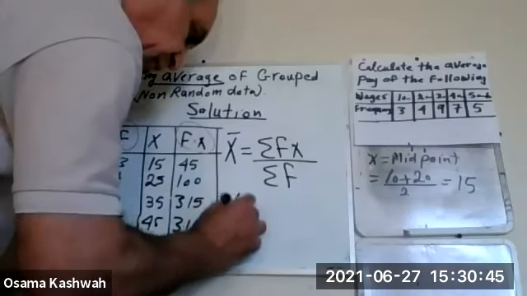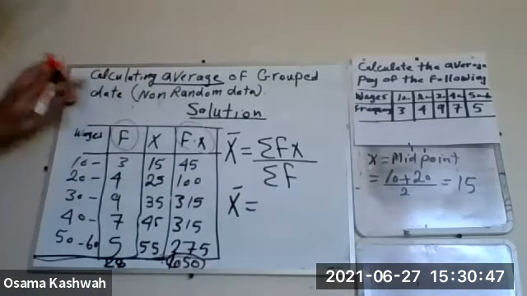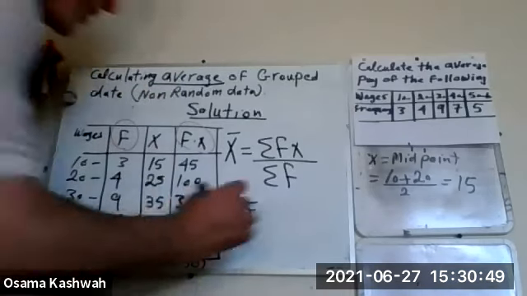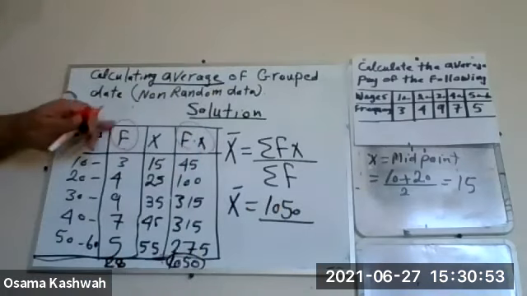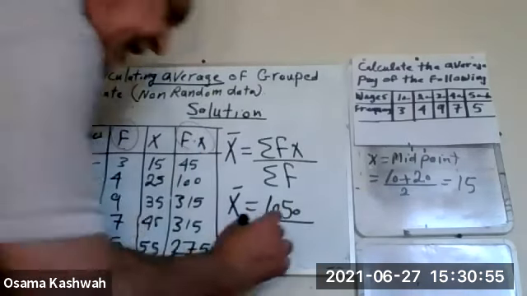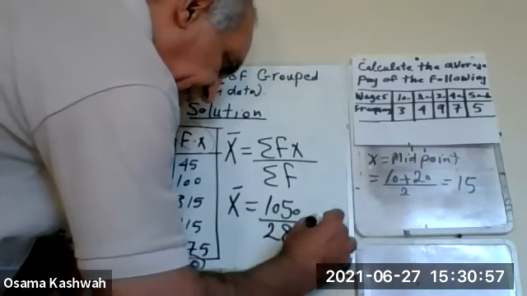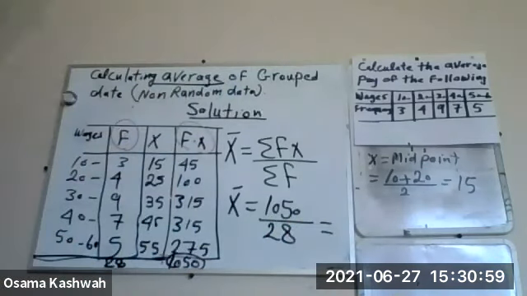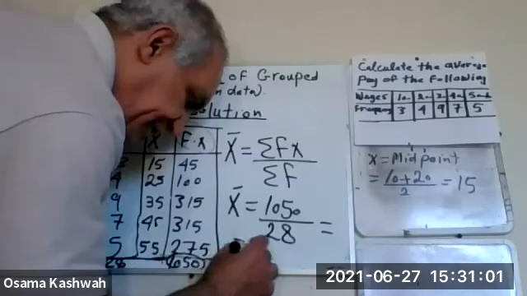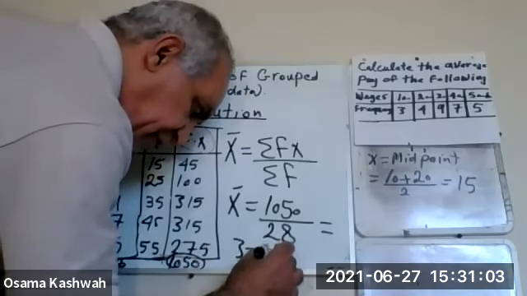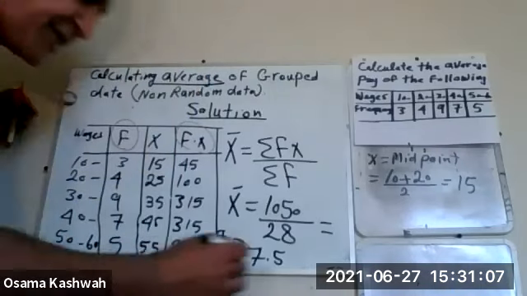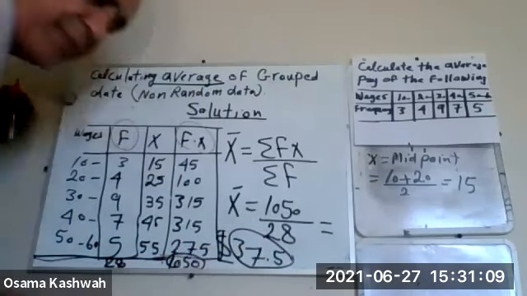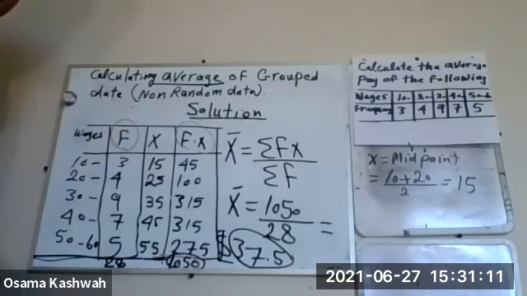Then x bar will equal summation of fx, 1050, divided by summation of f, 28. Probably this will be 37 and a half. Of course, this is dollars because I'm calculating the average. It will be 37 and a half.